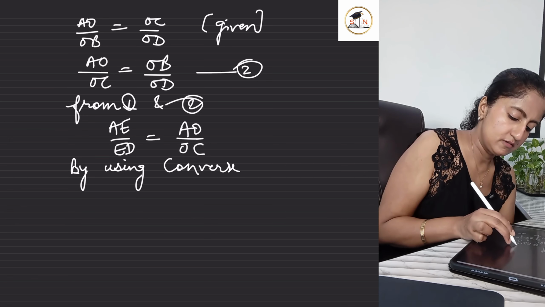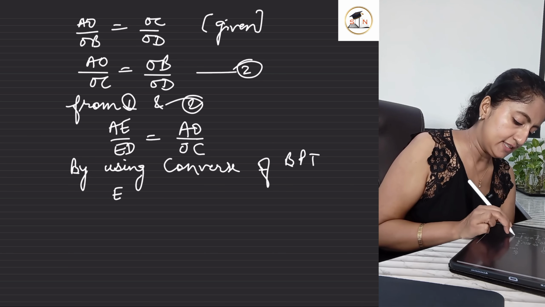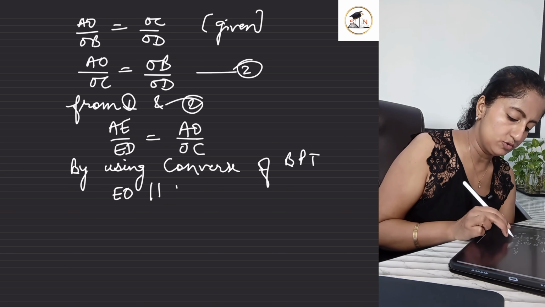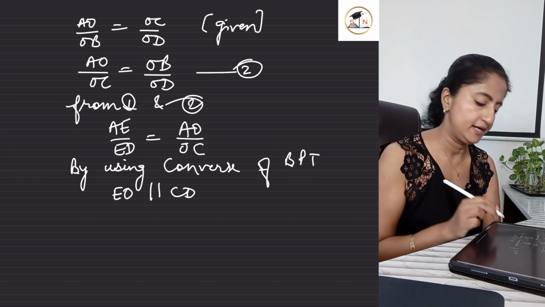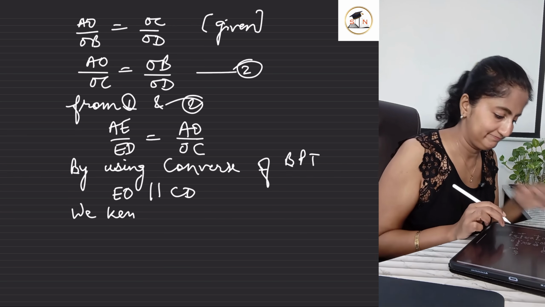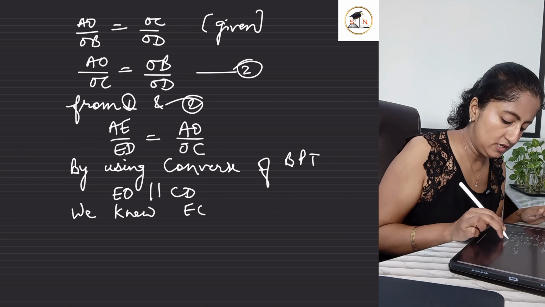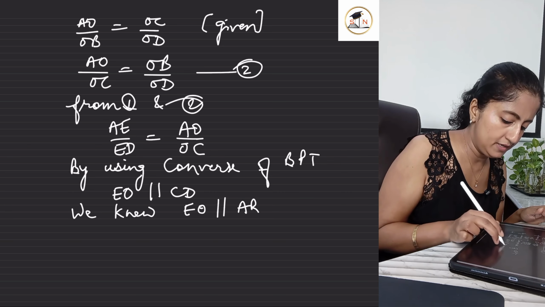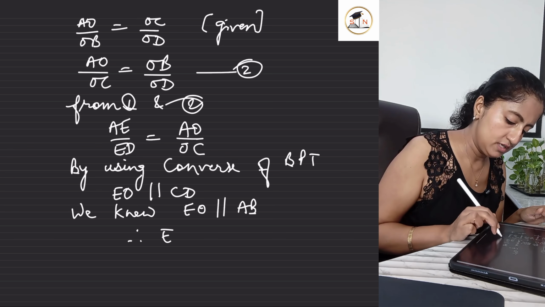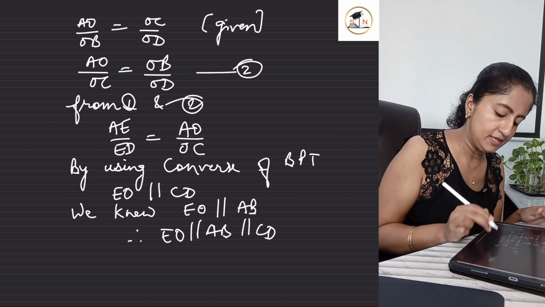converse of BPT, we get that EO is parallel to CD, right? We knew EO was parallel to AB. So therefore, EO becomes parallel to AB, parallel to CD.